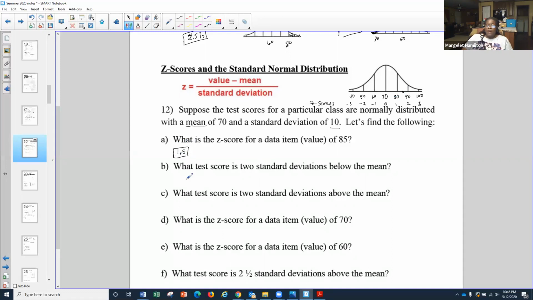So 1.5. Now let's use the formula so we can see how it works. We're looking for the z-score for this data item, and we know the value we're looking for is 85. So you plug in your value, 85, minus your mean, which is 70, divided by my standard deviation, which is 10.